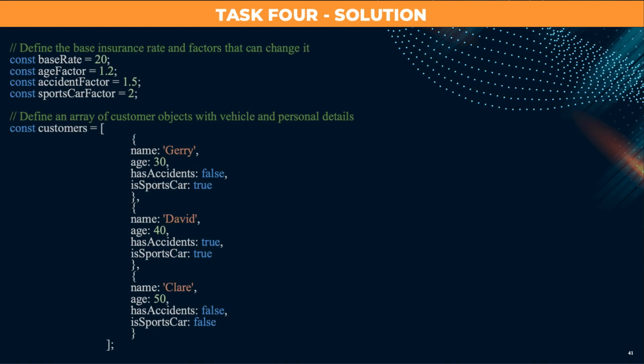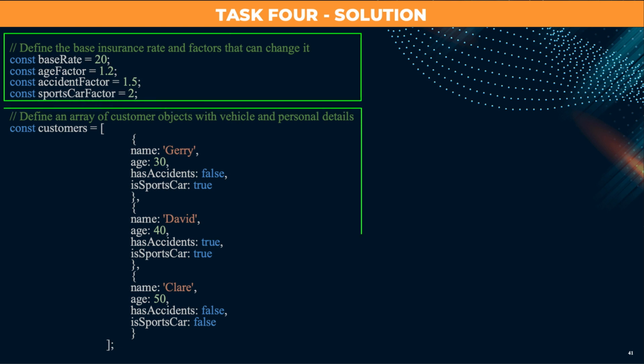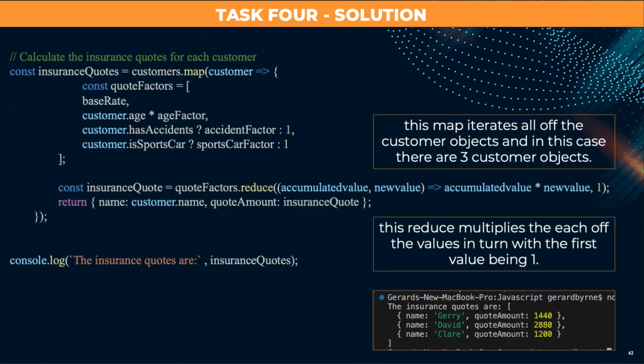So our code will be similar as before. We set up our constants, then we set up our 3 customers, then we set up a map, and the map in this case is going to be for all of our customers. So it's going to be for customer, that's what we give it the name.